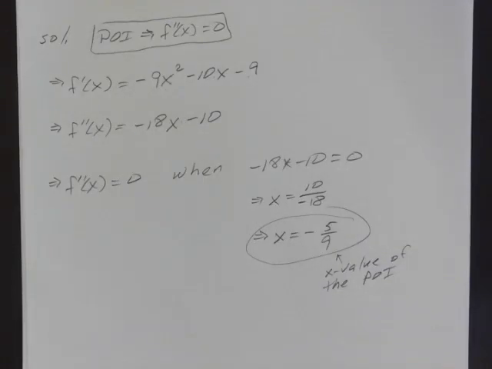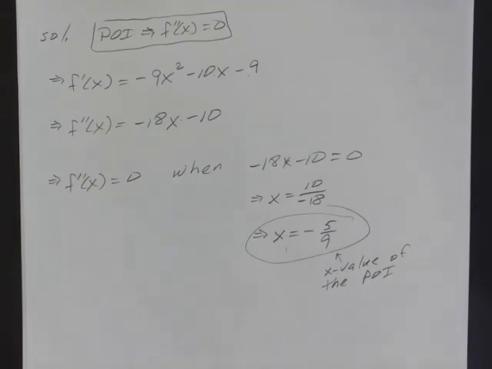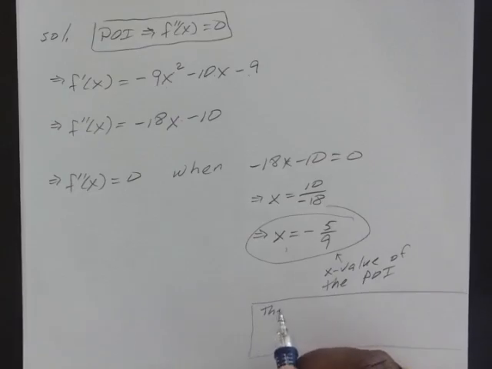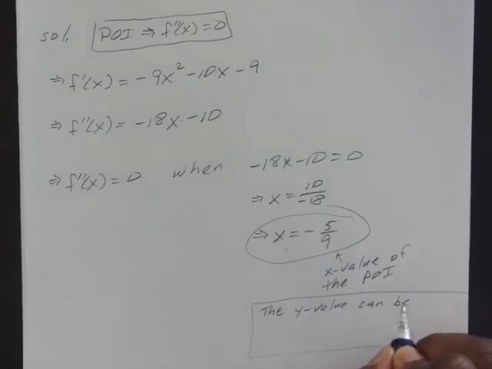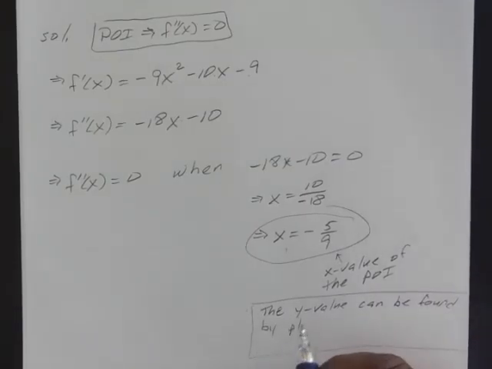Now, if they want to know the y value, you just take that and plug it into your original function. So let's say the y value can be found by plugging x equals negative 5/9 into your original function, f of x.